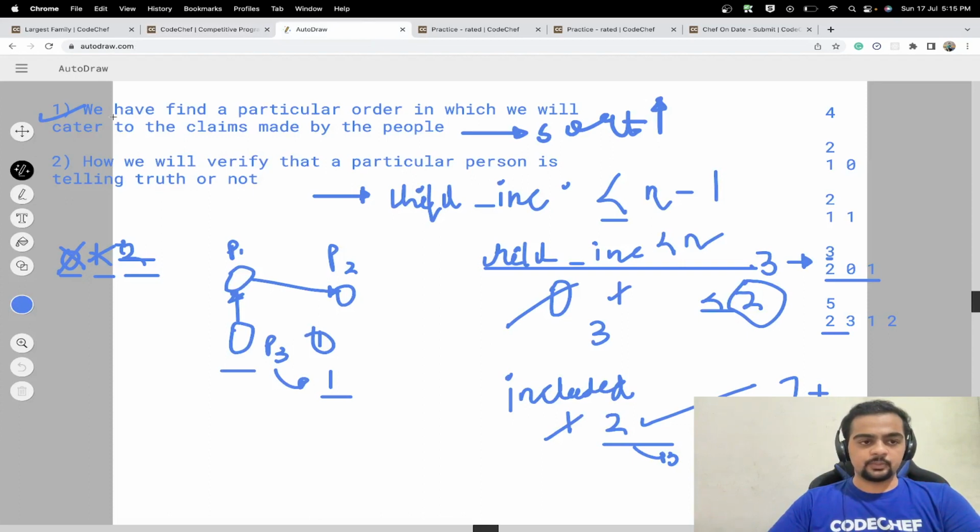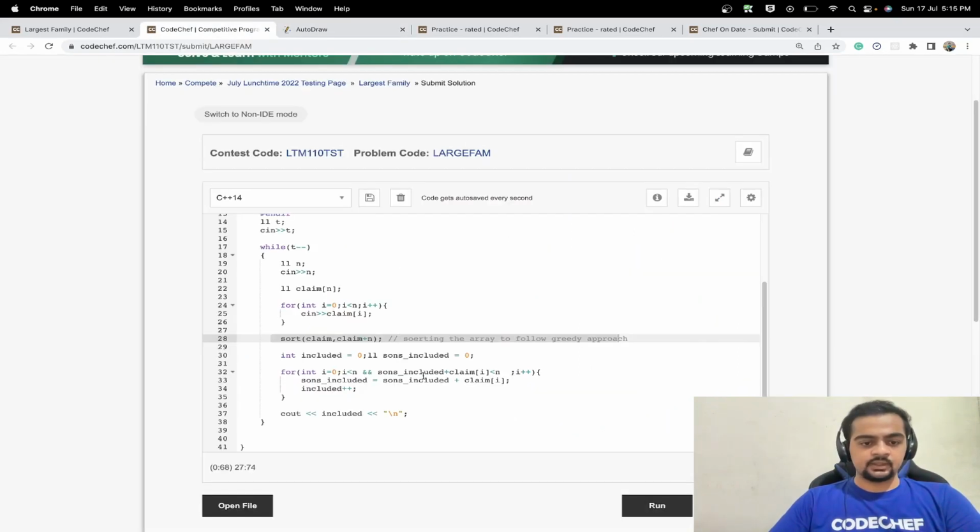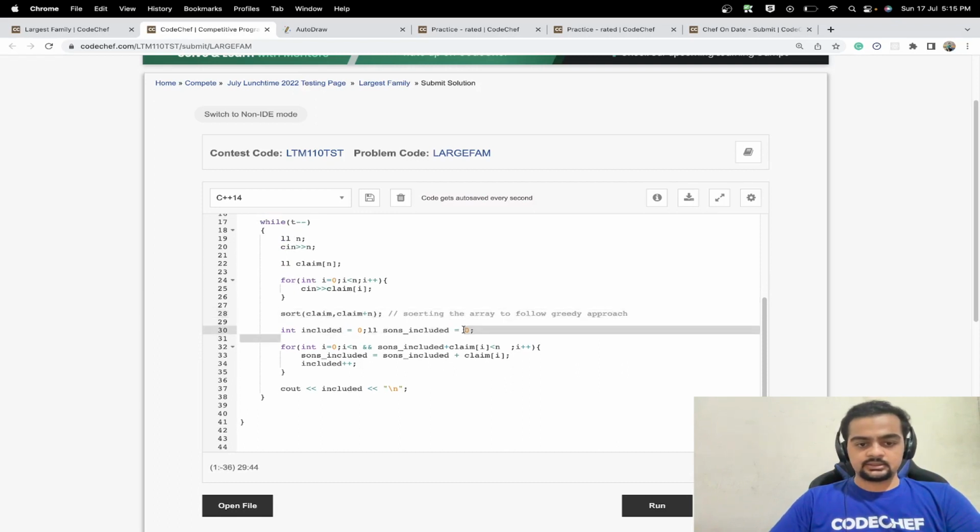Because of point 1, we have a particular order in which we will cater to these claims made by the people, that we have already decided, that we will be sorting in ascending order only. In the second half of the code, we are taking 2 variables: included count, that is the total number of claims that are true as of now, which would be 0 to begin with, and the total number of included sons.